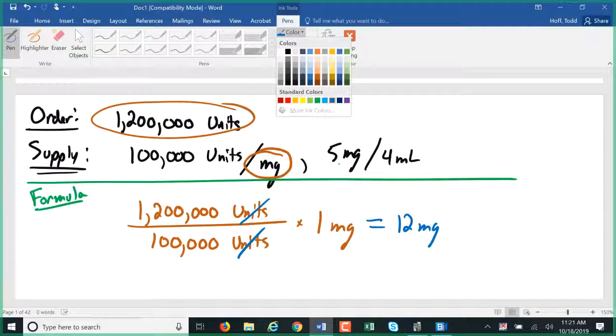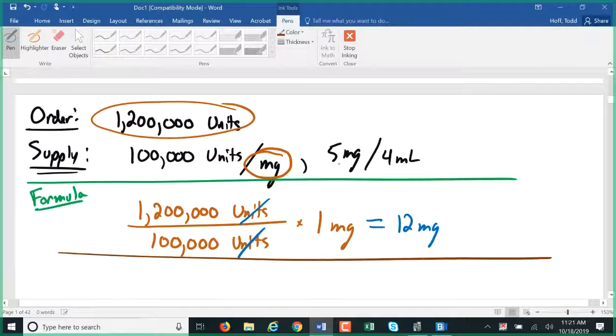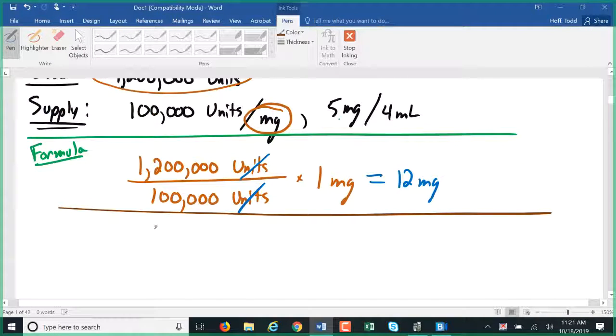But we're going to administer it to the patient in milliliters. So we have to apply this formula again to get from milligrams to milliliters. Right now we've converted the doctor's orders from 1,200,000 units to 12 milligrams. We still have to convert that into a dose that we're able to administer to the patient. So from the 12 milligrams, our on-hand dose has to be in milligrams.